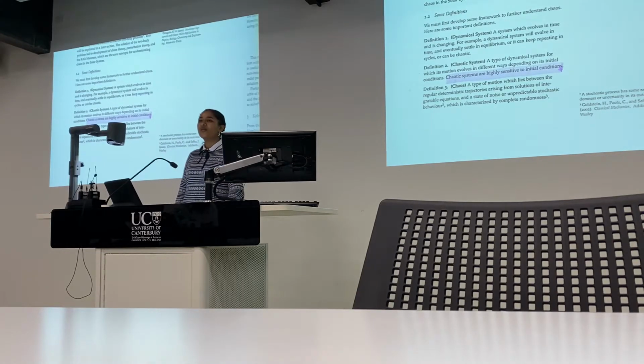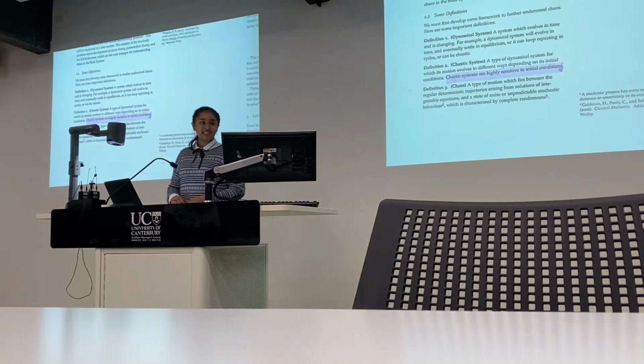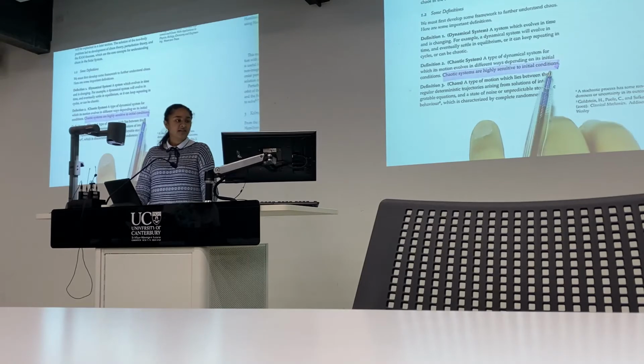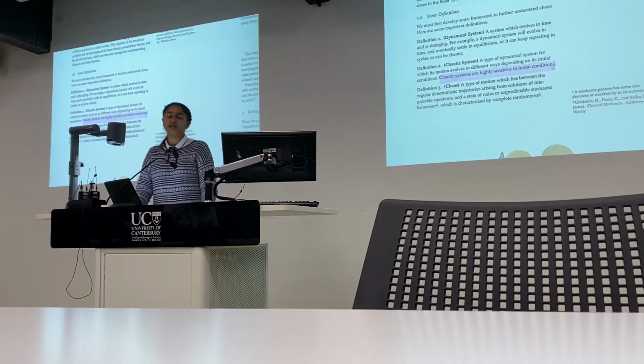Okay, so that brings us to the question, what exactly is chaos? The definition of chaos is different depending on who you're talking to. I quite liked this definition from the course textbook, Goldstein, which states that chaos is a type of motion which lies between the regular deterministic trajectories arising from solutions of integrable equations and a state of noise or unpredictable stochastic behavior which is characterized by complete randomness.